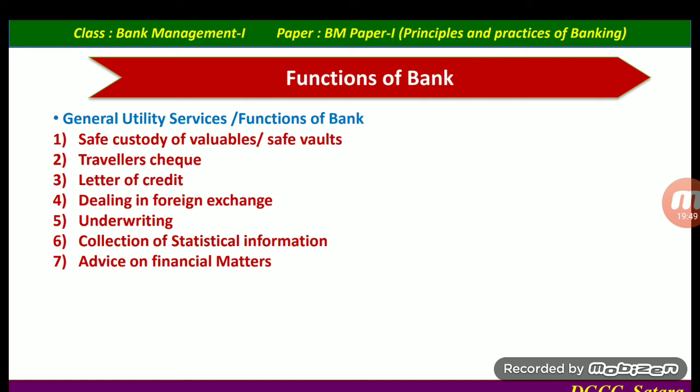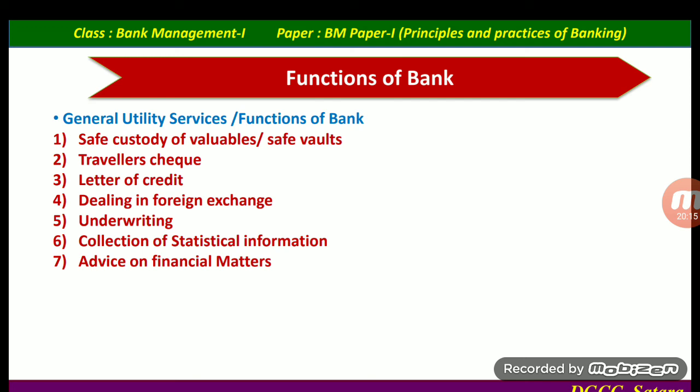Such information is very useful to the business community, and it helps them formulate their business policies on the basis of the data published by the bank. Statistical information of banks is also very useful for different databases, which are further used by researchers also.